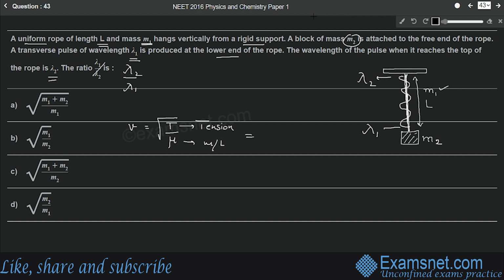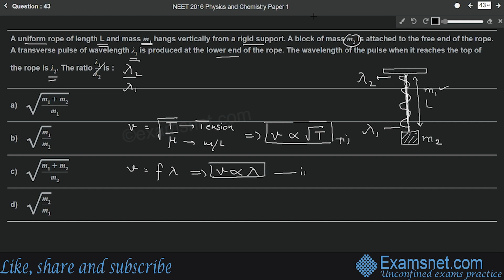So from here we can say that velocity is directly proportional to root T, because mu will remain constant. We also know that velocity is equal to frequency into lambda, and frequency will also remain the same, so velocity is also proportional to lambda. So these two things are important here: the velocity is directly proportional to root T and also directly proportional to lambda.